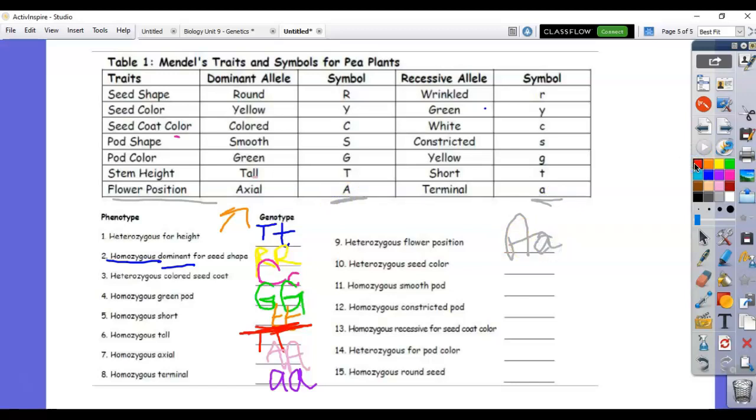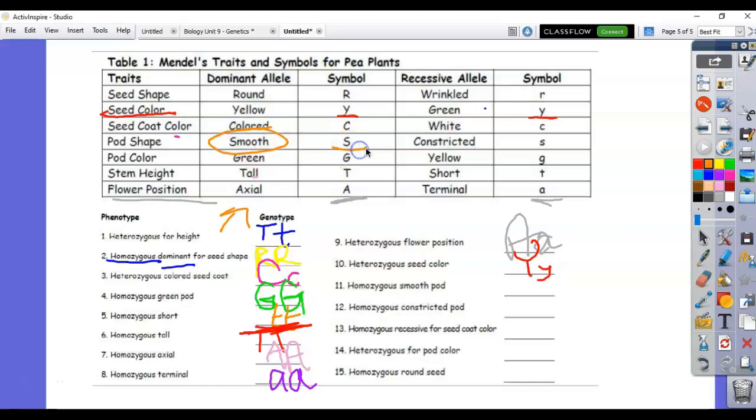All right, heterozygous for seed color. Heterozygous means two different. So our seed color is going to be two different letters. So we got to have a big Y and a little y. Homozygous smooth. See if we can find smooth on here. Find smooth? Here's smooth.